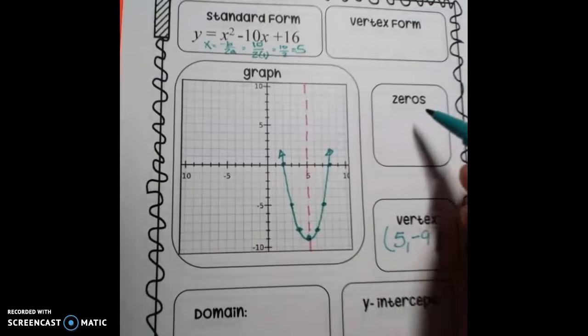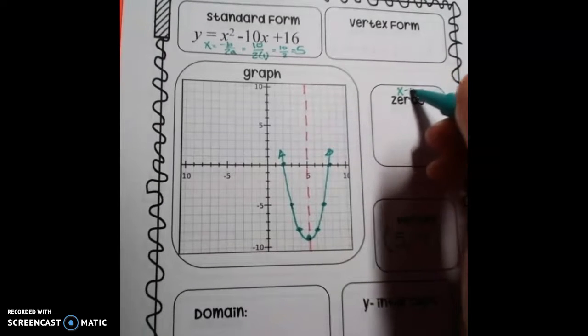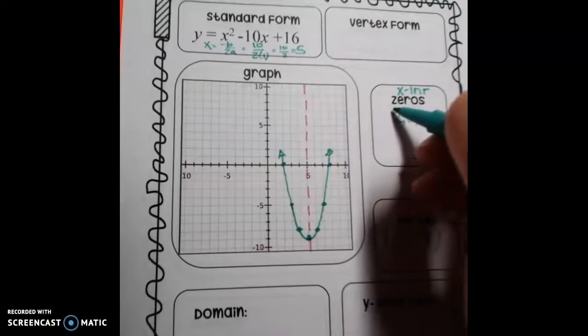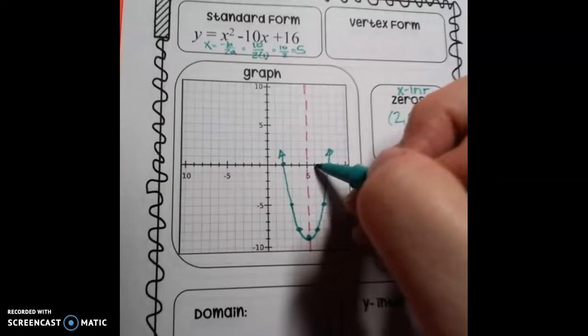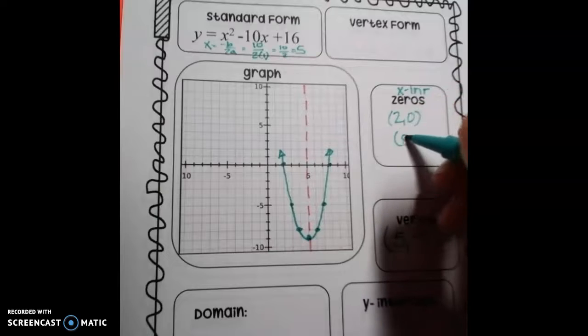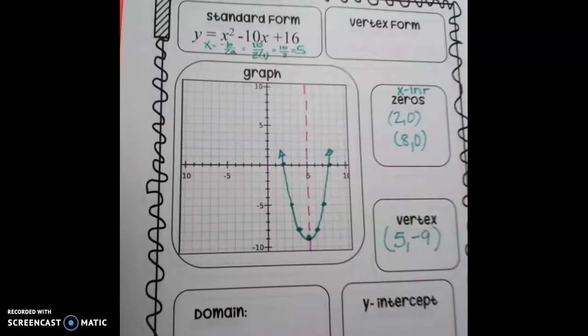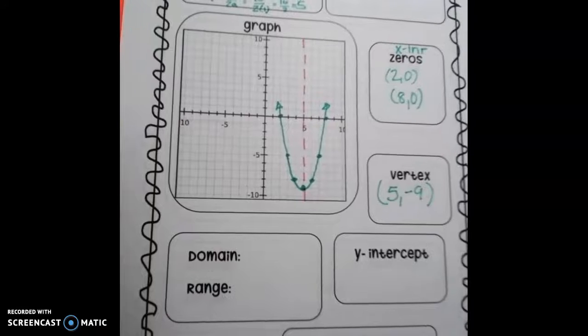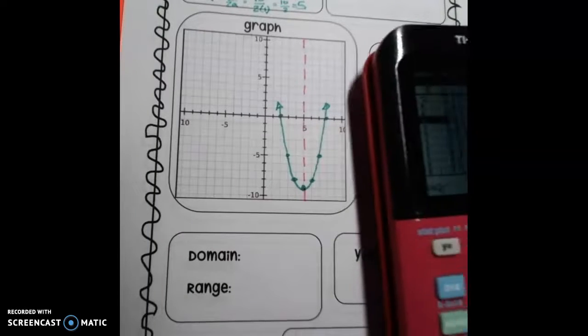Right now we've got zeros. Remember, zeros are your x-intercepts, and they occur at 2, 0, and again at 8, 0. So we have our x-intercepts. Our y-intercept, I haven't graphed to it. I didn't go far enough.